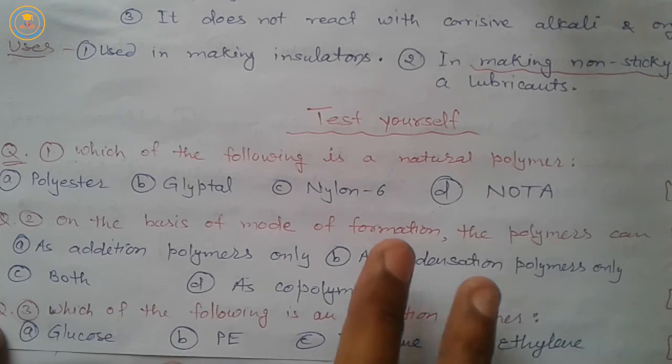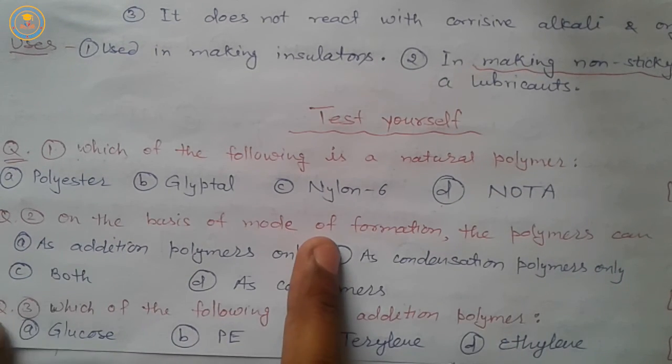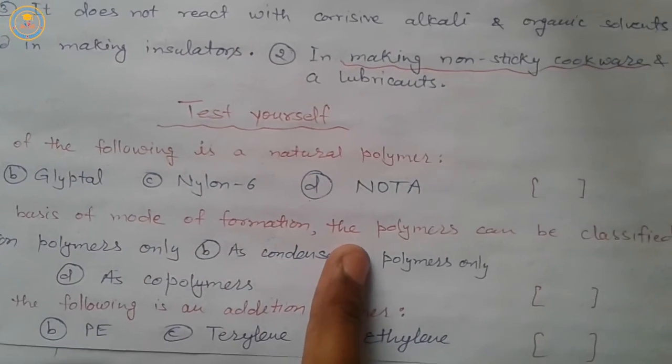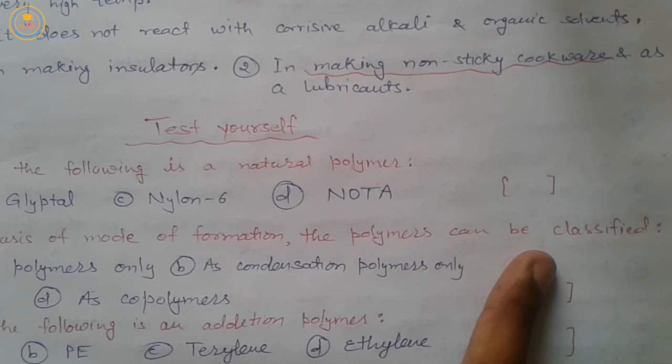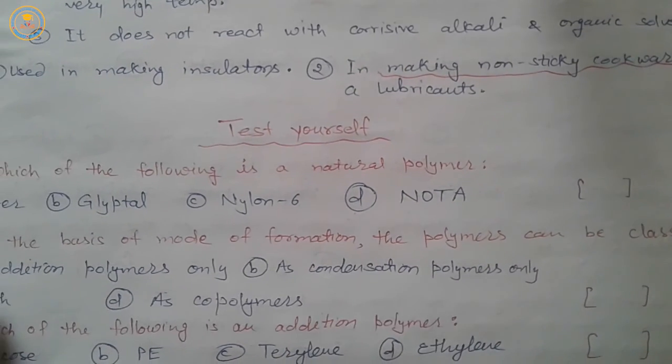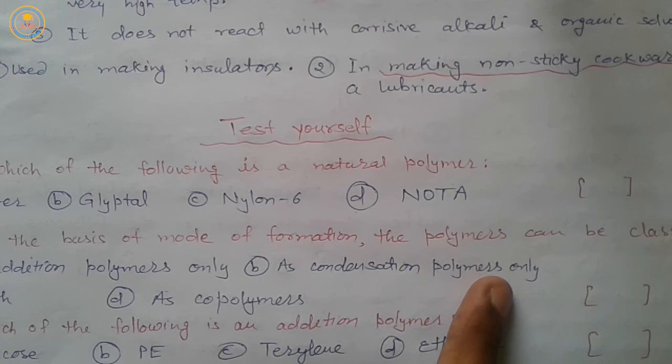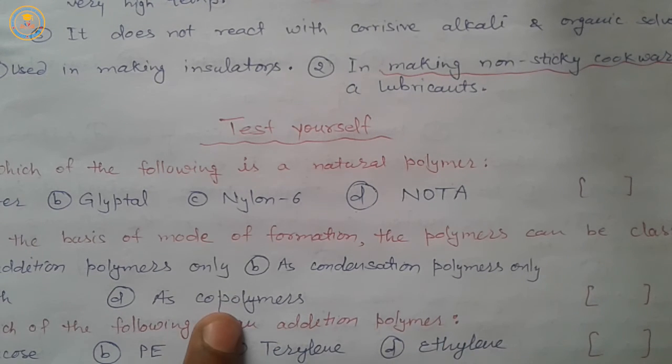Four options. Question second, on the basis of mode of formation, polymers can be classified as addition polymers only, condensation polymers only, both, and D option is copolymers.